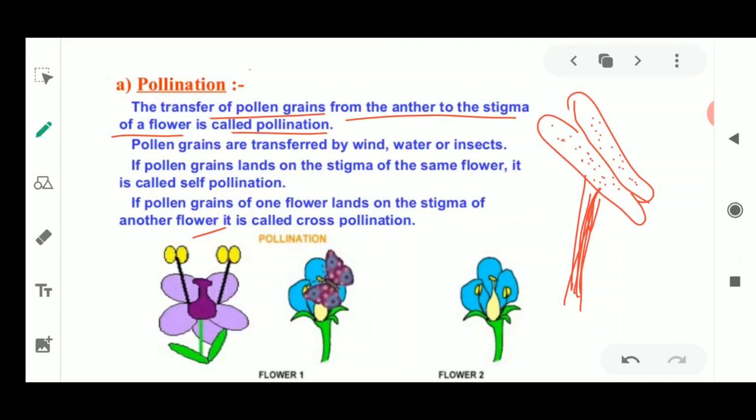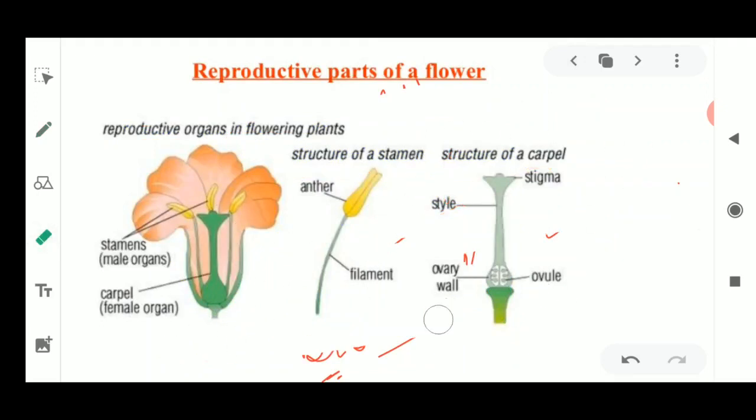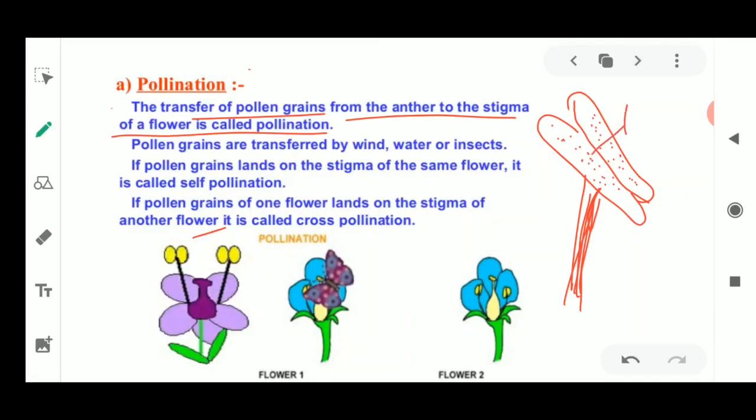So this powder-like structure is filled inside the anther, and that is going to help in the formation of the seeds. So this is known as the pollen. It is also known as pollen grains.